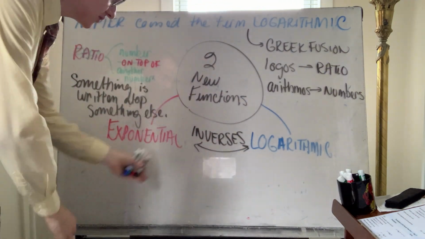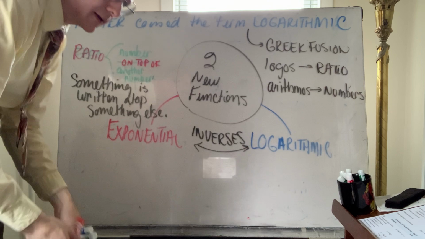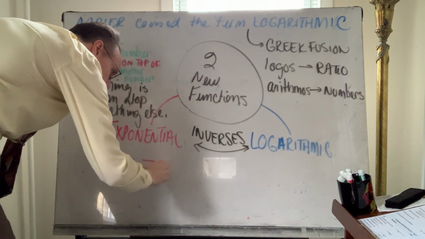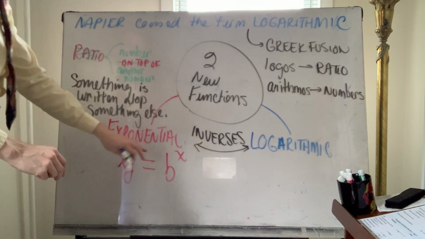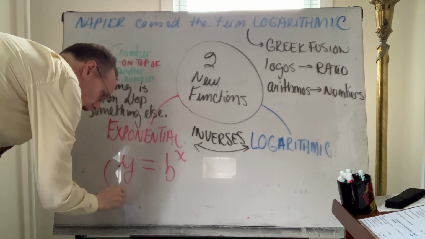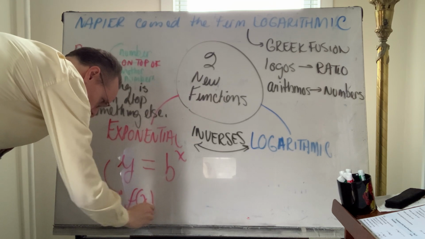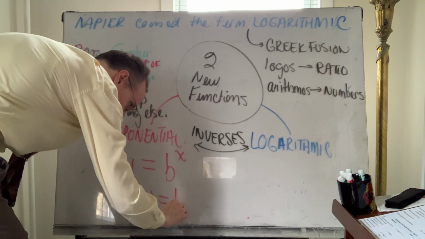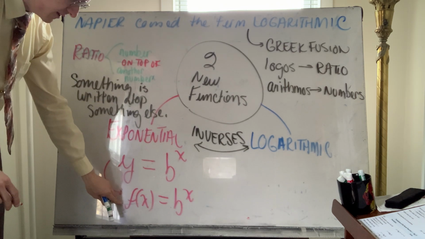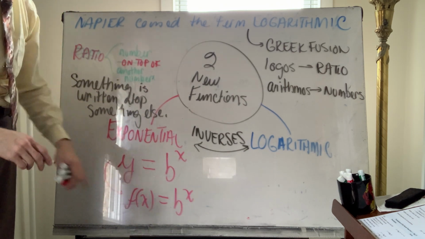Anyhow, let's compare the shapes here using familiar things. y is b to the x, right? The exponential model. And if we wanted to make this true to form function, we put it in function notation, and this would be as much of an alteration, just opting for italicized f of x instead of y.